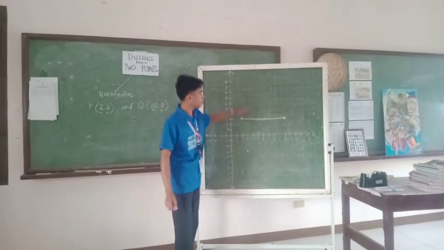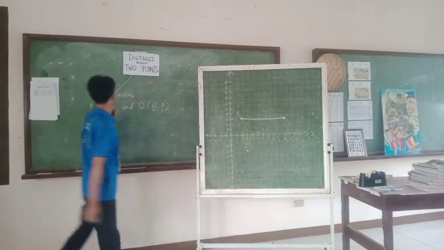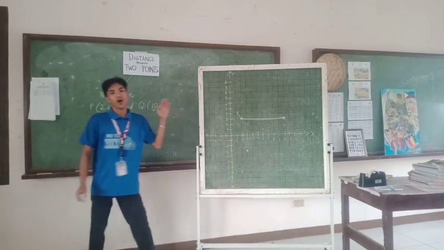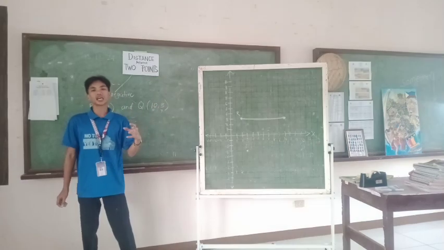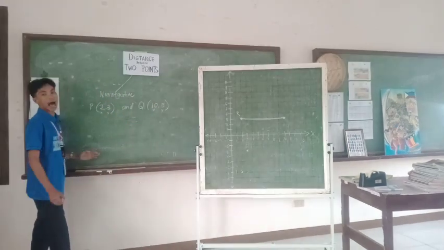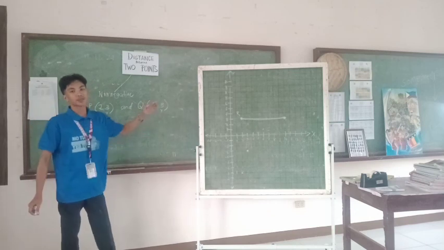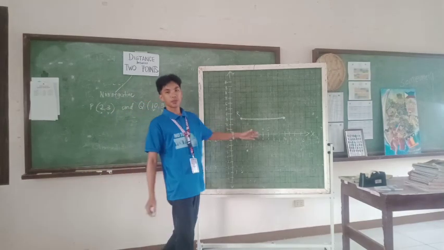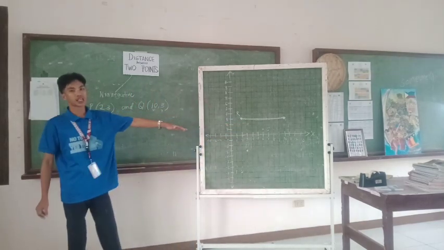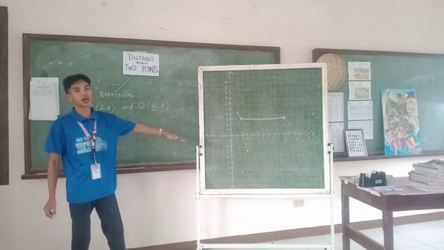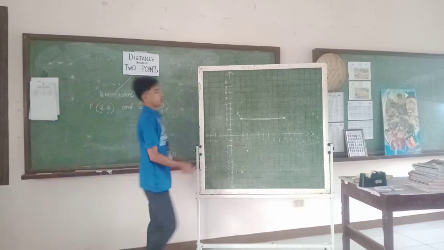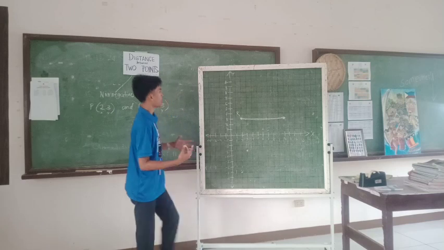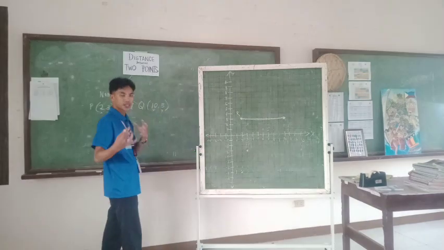In this coordinate plane, the distance between P and Q is horizontal. On the coordinate plane, the horizontal distance between these points is the absolute value of the difference of their x coordinates. Likewise, the vertical distance between these points is the absolute value of the difference of their y coordinates.